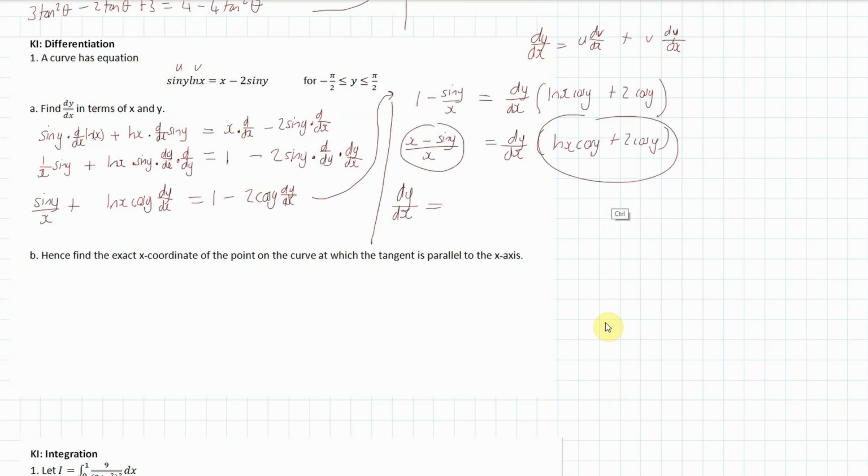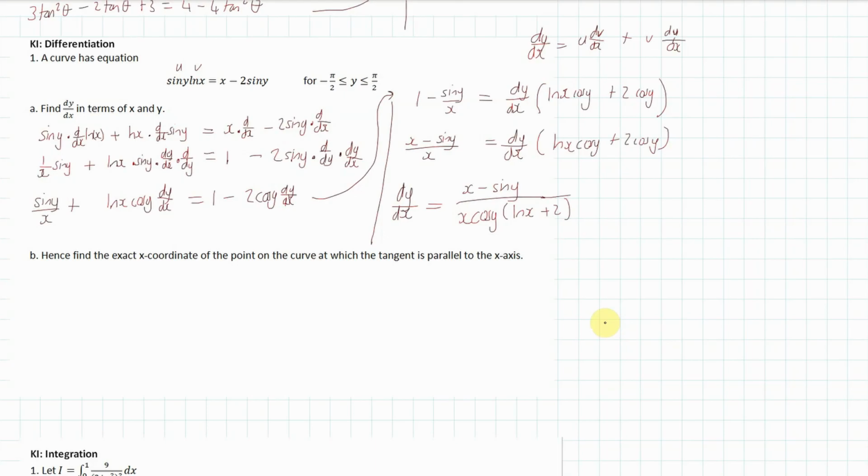Now when you've got a fraction and you're dividing by something on the right hand side, that ends up multiplying with the denominator. Just think about your basic fractions rule. So we get x minus sine y all over x into, oh, we can probably take that cos y out as well, can't we? Yeah, we'll take the cos y out. So x cos y, and then in it we'll have ln x plus 2. And that's probably the simplest way of doing it.